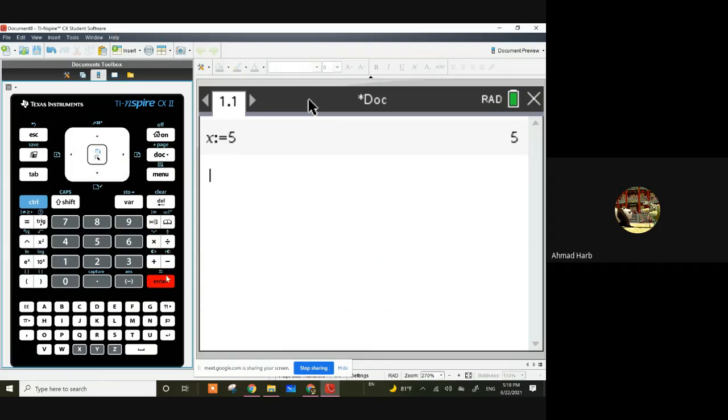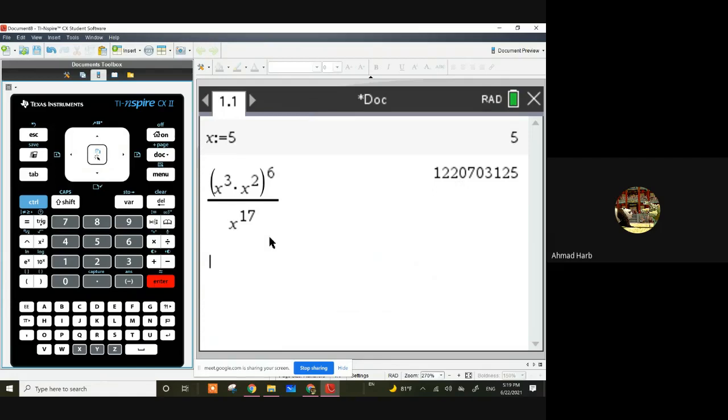It's control divide because it's a fraction. There are parentheses: x to the power of 3, bring it down, times x to the power of 2, bring it outside, to the power of 6, all the way divided by x to the power of 17. And that gives you this answer.